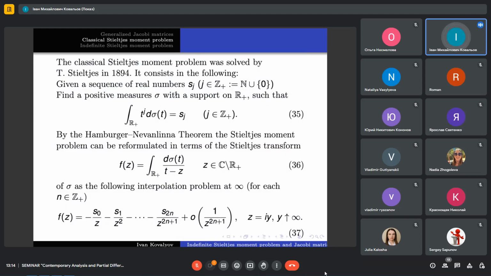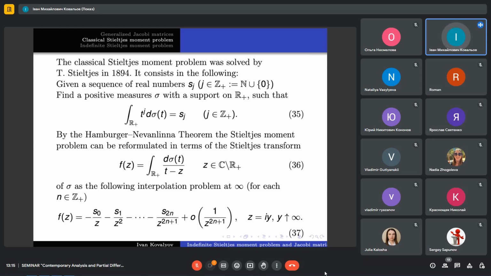The next, we recall some information about the classical Stieltjes problem, and after we will consider the indefinite Stieltjes moment problem. So, what is this classical Stieltjes moment problem? Given a sequence of real numbers, find a positive Borel measure sigma such that 35 holds.